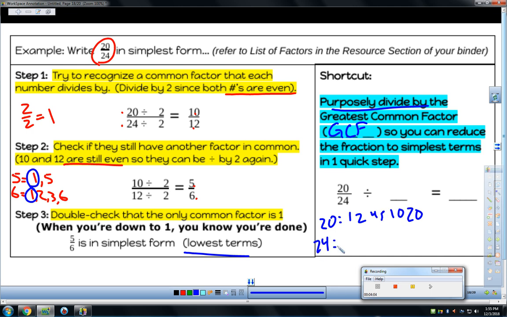For 24: 1 and 24, 2 and 12, 3 and 8, 4 and 6. The biggest thing they have in common is 4. So if I divide by 4 over 4, I'm going to end up with 20 divided by 4 is 5, and 24 divided by 4 is 6. This information is on the factors sheet.